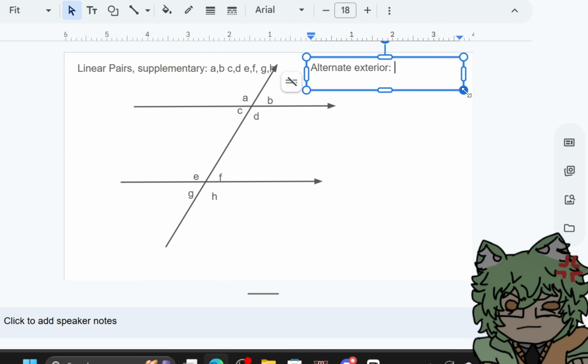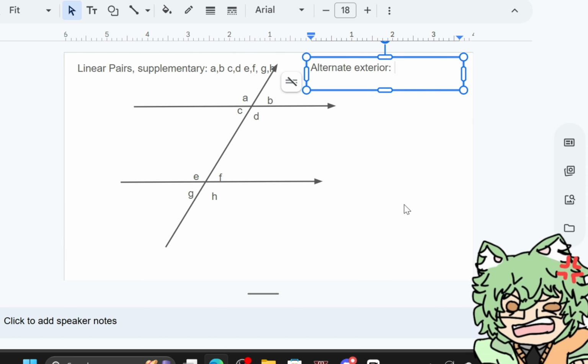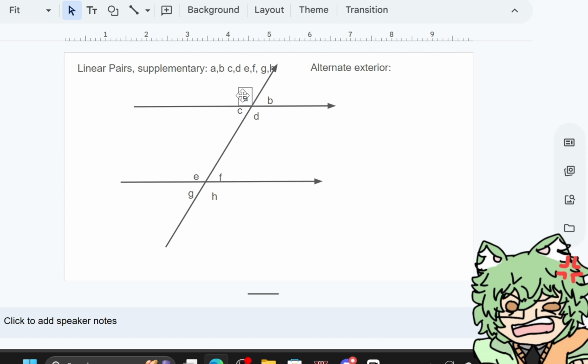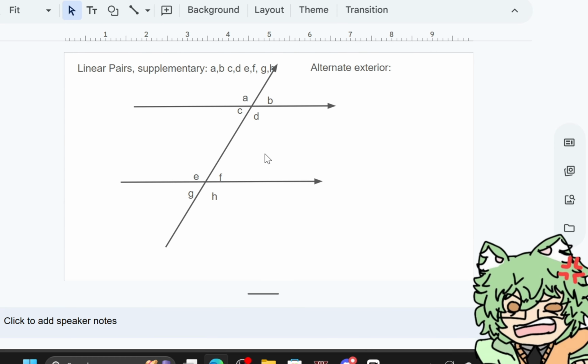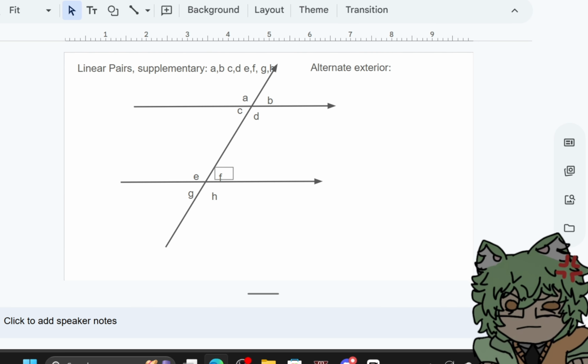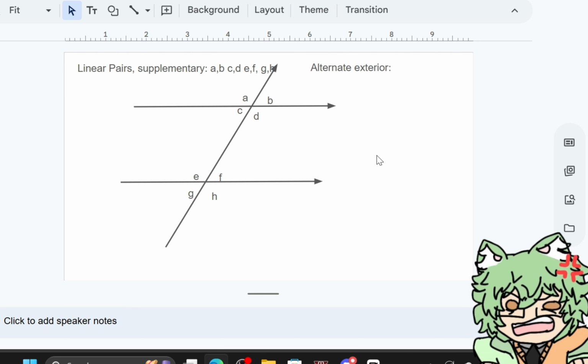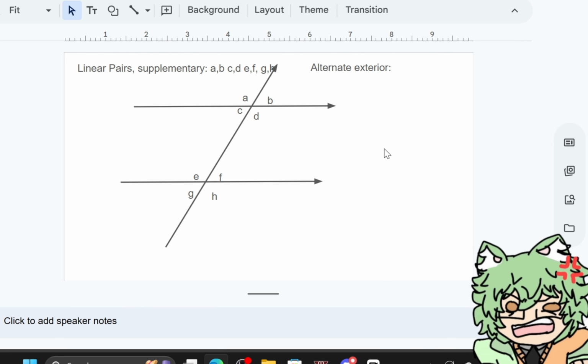So, alternate exterior. When you think of alternate, you think of bam, bam, because they're alternating from each other. If you don't think that, I really want to shoot you in the head. But right now, I'm teaching. So, alternate exterior. What does an exterior mean? If you don't know what exterior is, then I don't blame you, but still.